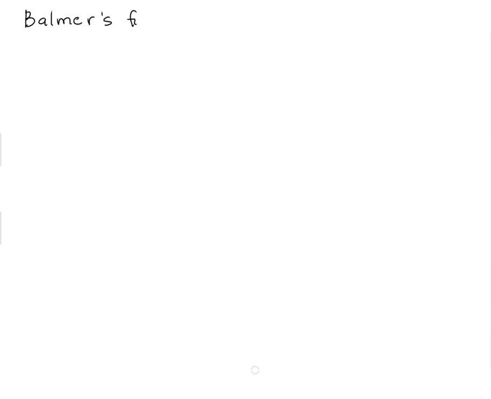So it's 1 over lambda is equal to R times (1 over 2 squared minus 1 over n squared), where n is equal to 3, 4, 5, 6, etc. So this is what we call Balmer's formula.